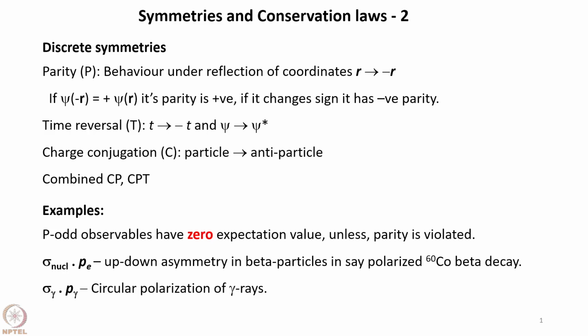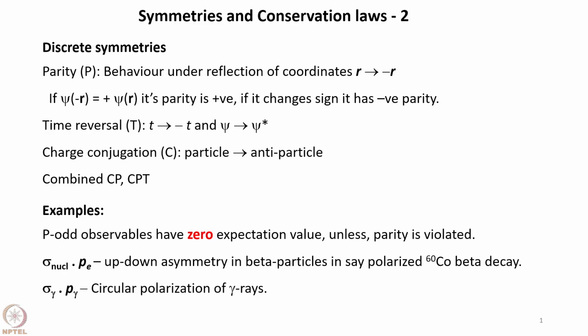Similarly, you can measure another P odd observable, namely circular polarization of the photon. So, sigma gamma represents the direction of the spin of the photon, and p its momentum. This is again a P odd quantity, and if parity is conserved, this should be 0.